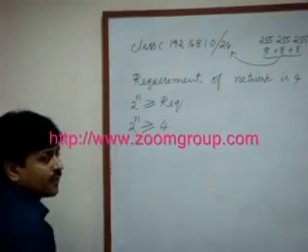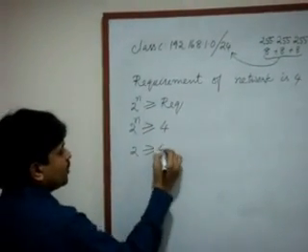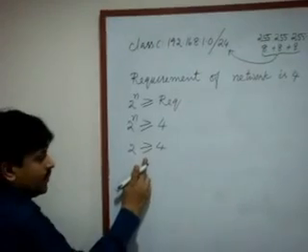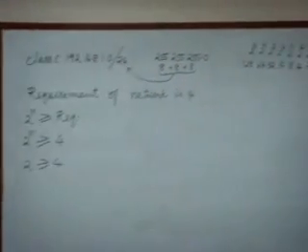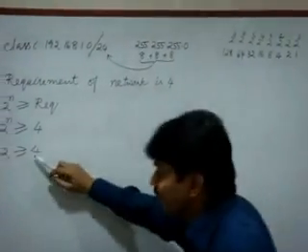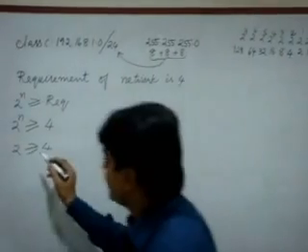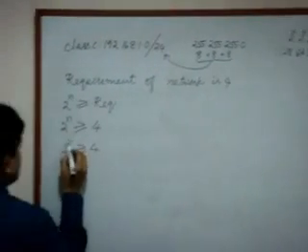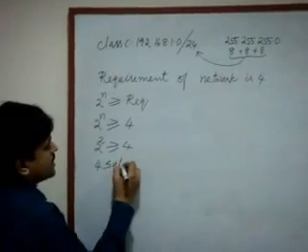The requirement is 4, so I have to assign an n value such that it is equal to or greater than 4. 2 power 0 is 1, 2 power 1 is 2, still less than 4. 2 power 2 is 4, which is equal to 4. So I take 2 power 2, and we get 4 subnets.